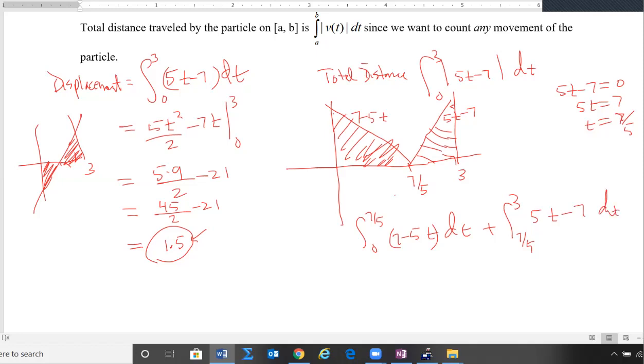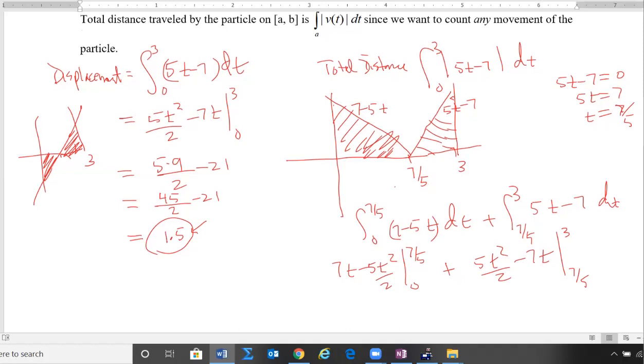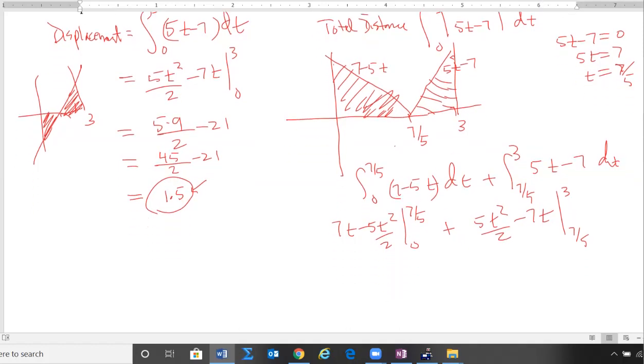So we've got a little bit of work here. 7t minus 5t squared over 2 from 0 to 7/5, and 5t squared over 2 minus 7t from 7/5 to 3. So we've got some arithmetic to do here. I think we can get it done.